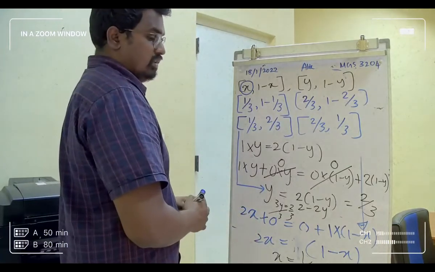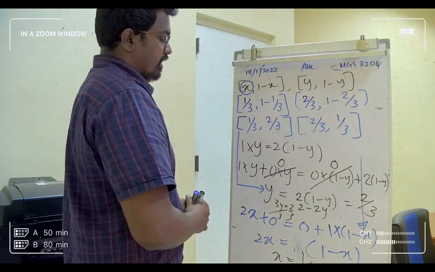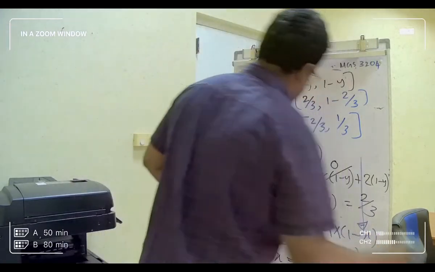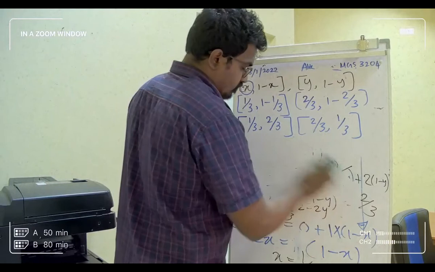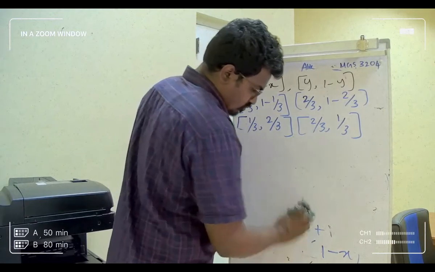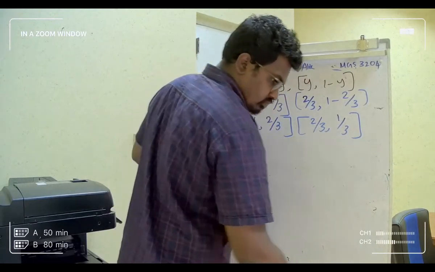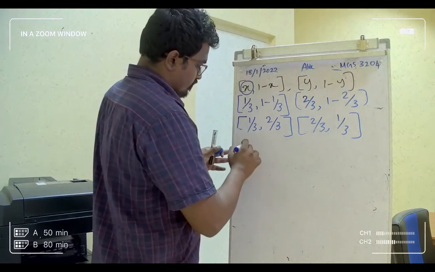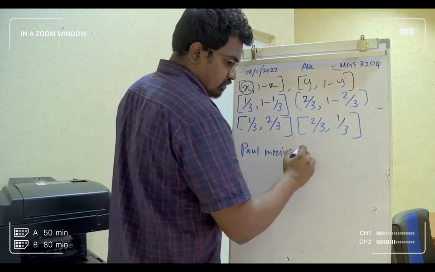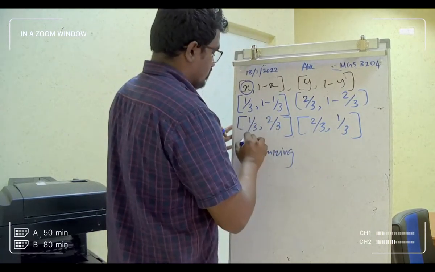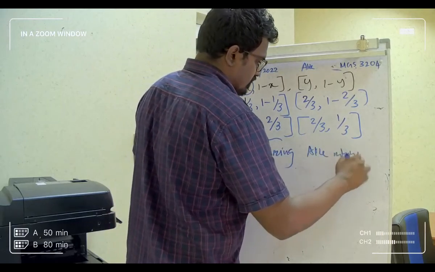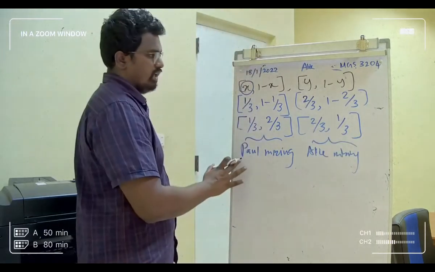Right? And so then, finally, what we can say is, let me say it in this way. Here we say Paul is mixing this one, and Alice is mixing this one. Am I correct?